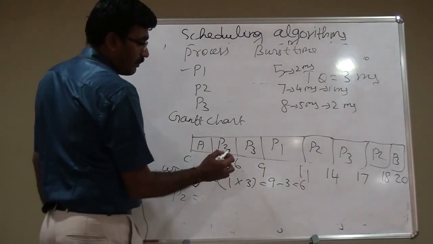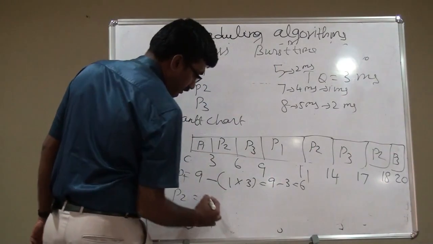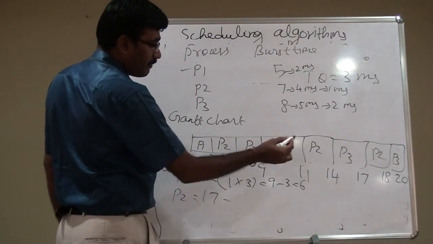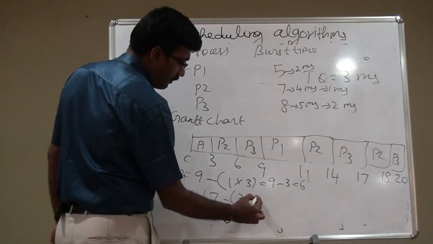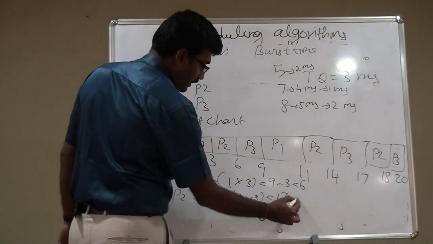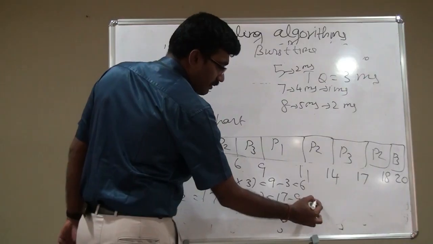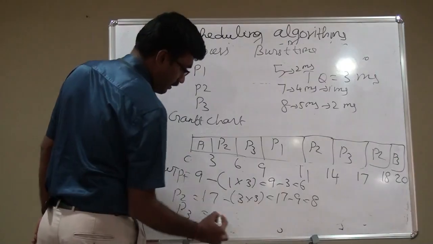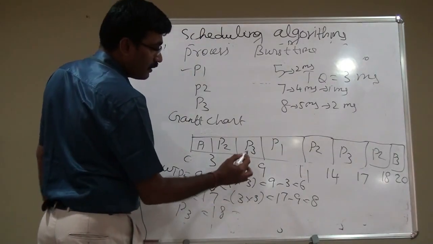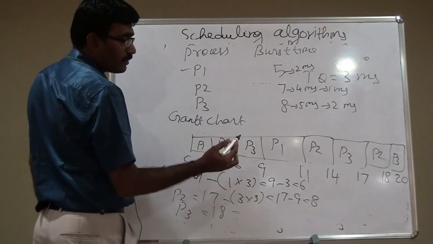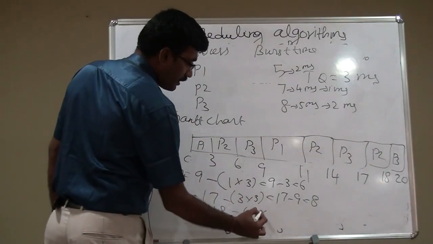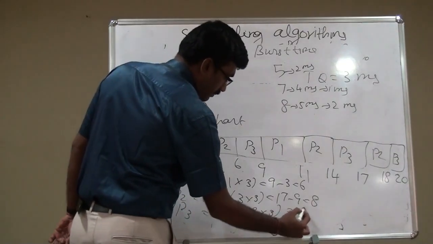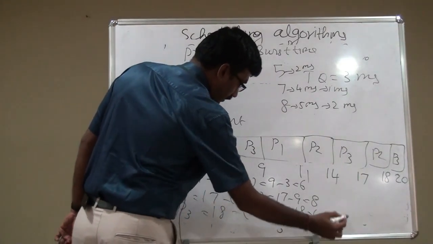For P2, the last waiting time is 17 minus, since except the first, P2 is executed 2 times, so 3 into 3, 9. 17 minus 9, 8. For P3, the last waiting time is 18 minus, except the first, 2 times executed, so 2 into 3, 6. 18 minus 6, 12.